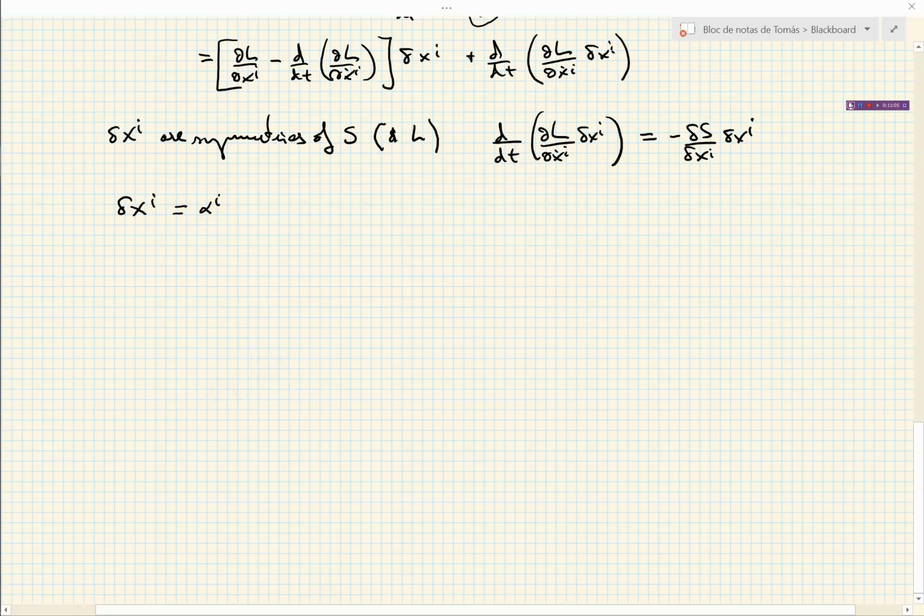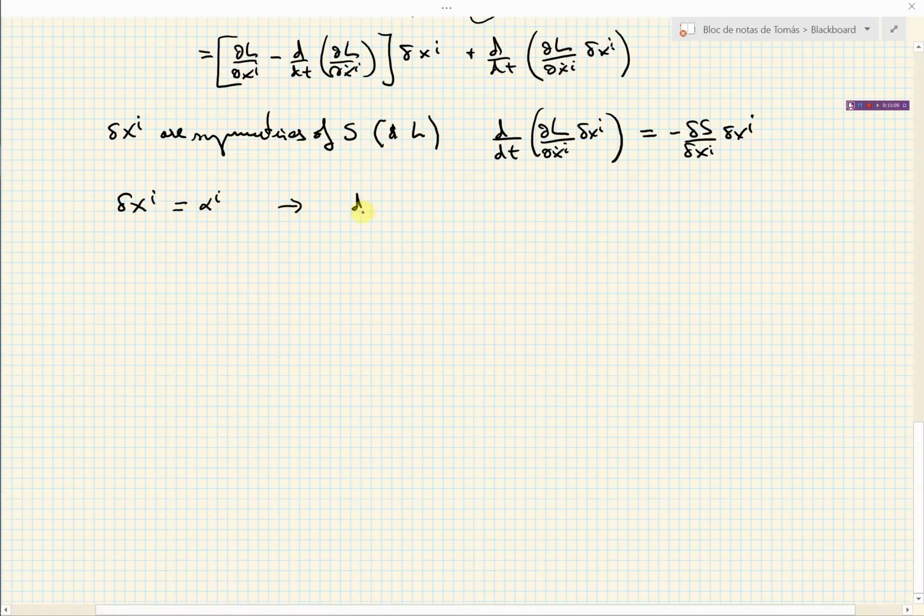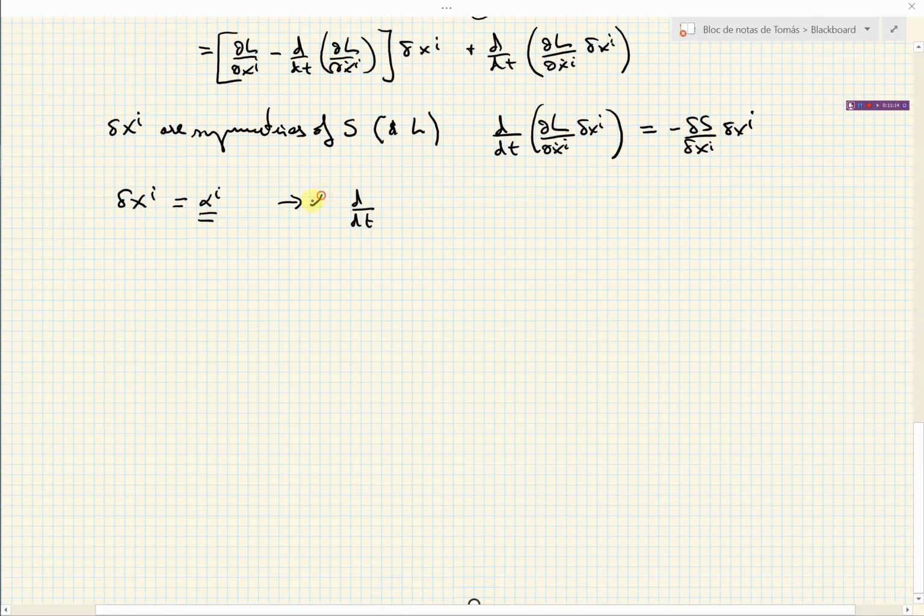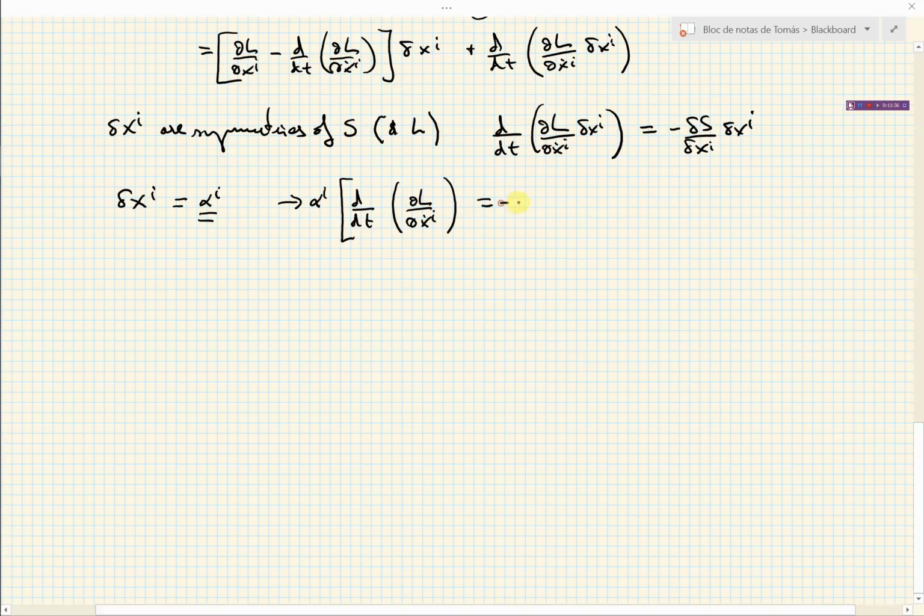In this simple case, since these are constants, I can take these alpha i's outside of the derivative, and in the right hand side I can also take them as a common factor, and I get this equation.